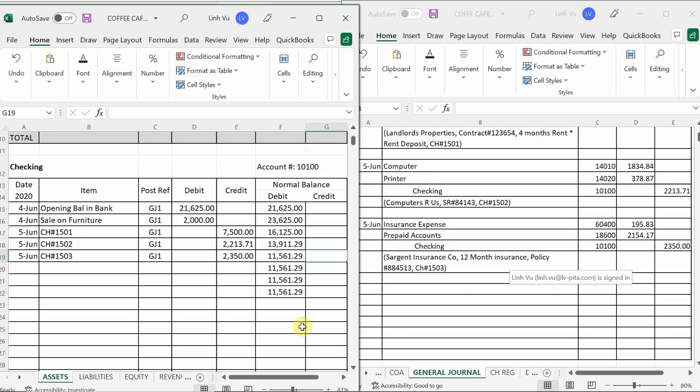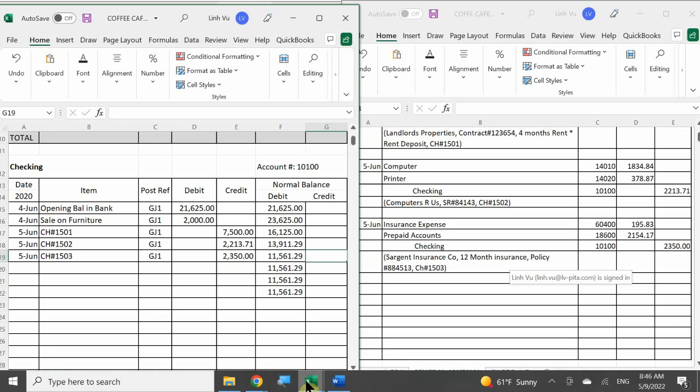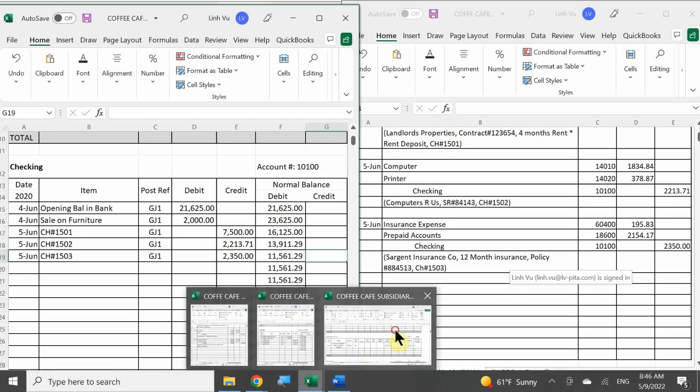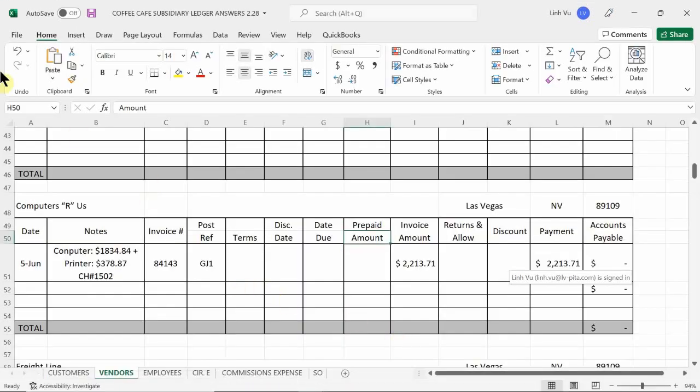One more last part is we're going to go through the subsidiary ledger, because we dealt with a vendor, right? We dealt with the insurance company. You definitely want to keep record of this insurance company, because what if they go beyond their contract? What if they go beyond their policy number?